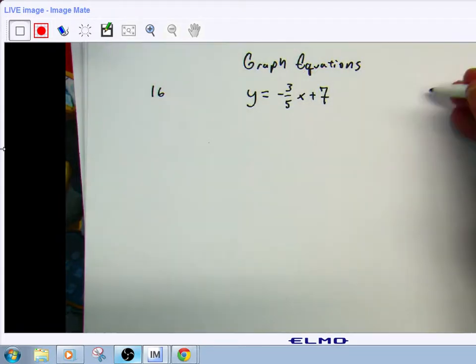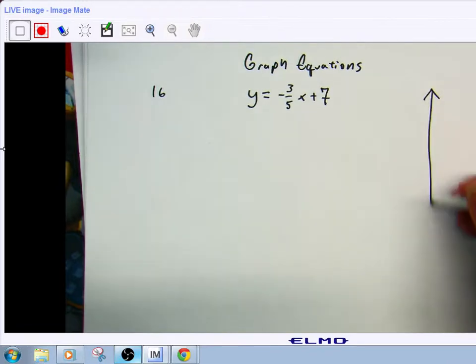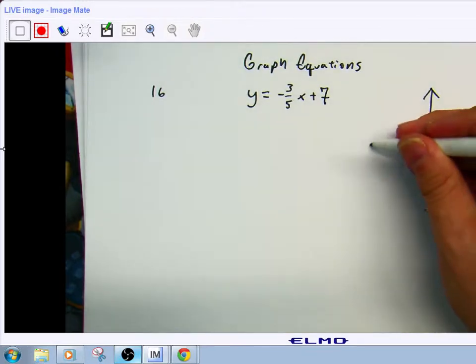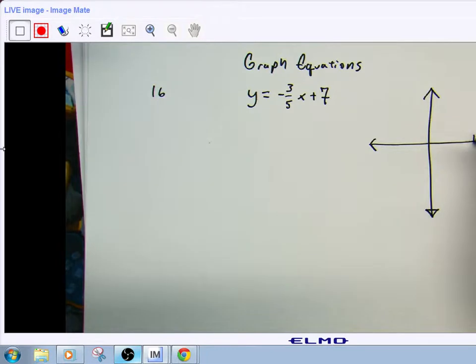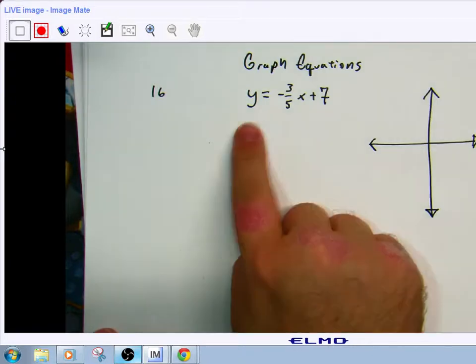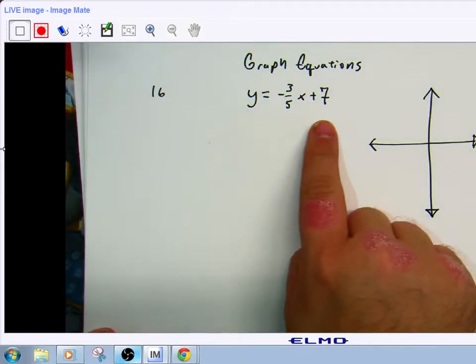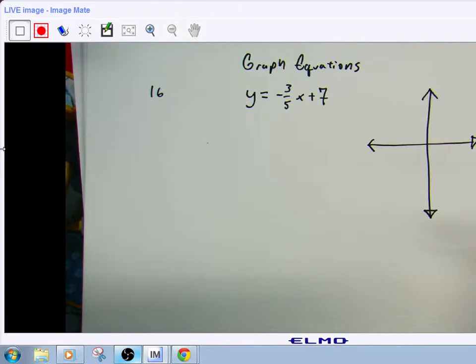Okay, and then we have a coordinate grid, a Cartesian plane, and we're asked to graph this equation. And so when we're looking at this equation, it's important that we're able to look at the components of the equation and understand what it is.